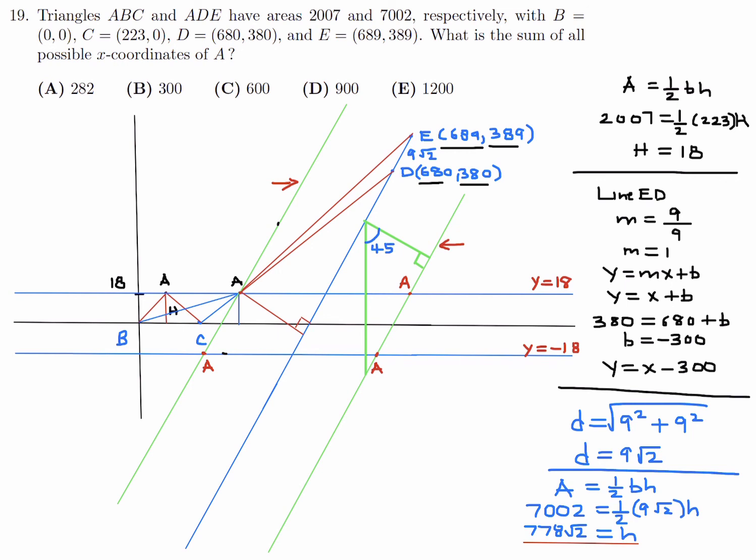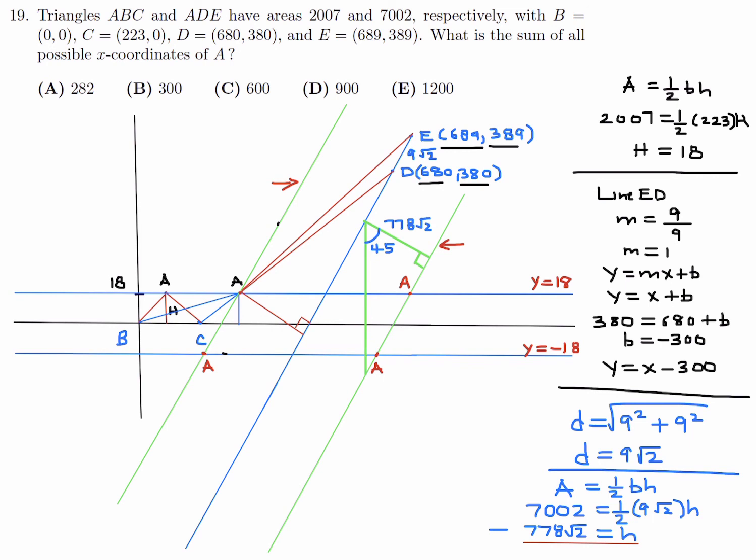And recall, we had measured the altitude or the height from there to there, and therefore that is also the same. And it's right here, 778 root 2. So that means that this distance is 778 root 2. So we can now find that distance.